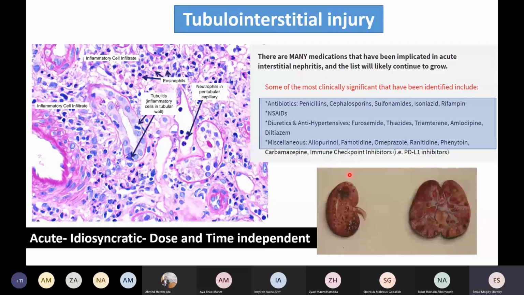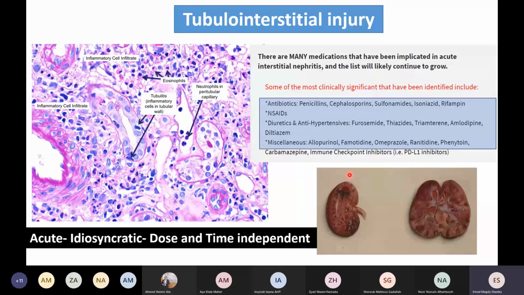And to your knowledge, surely we have common drugs that cause this, but any drug can cause interstitial nephritis. So I should expect a drug in the history of any patient presenting with acute kidney injury, because acute interstitial nephritis can occur with any drug.